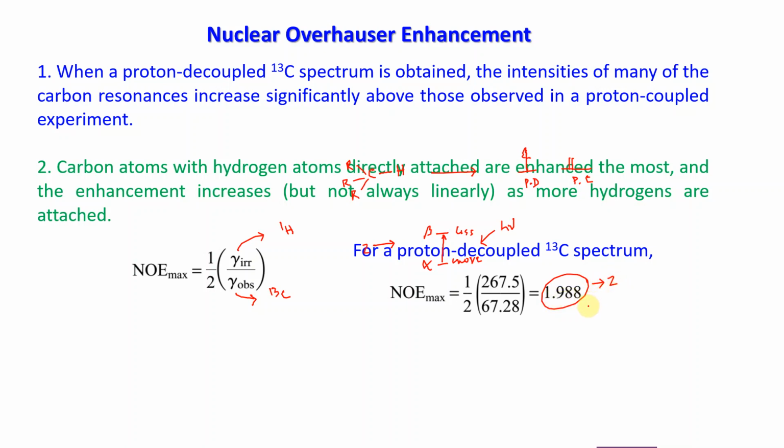So the nuclear Overhauser enhancement is 2, okay. So that we will see. So 200% enhancement is theoretically possible, but actually we don't always see 200 times, it may be less. But what we find is there should be enhancement if you do proton decoupling, okay.